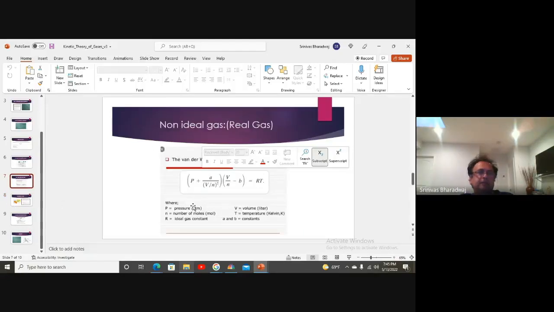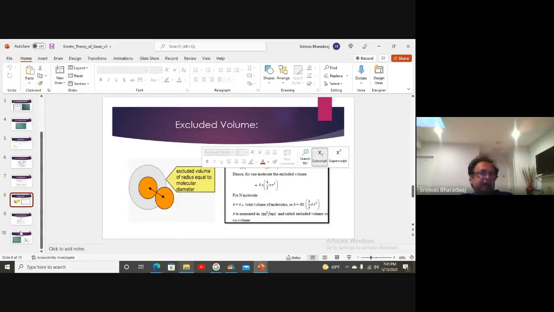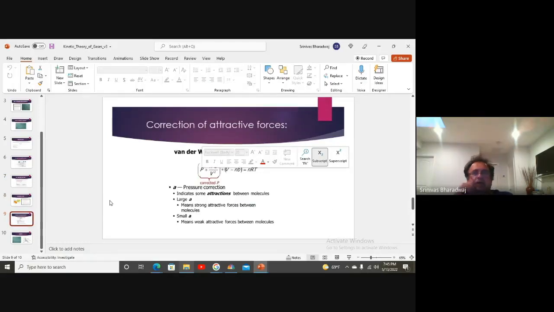The B in this term is called co-volume. It is excluded from the volume. In the van der Waals equation there is also a correction for the attractive forces.